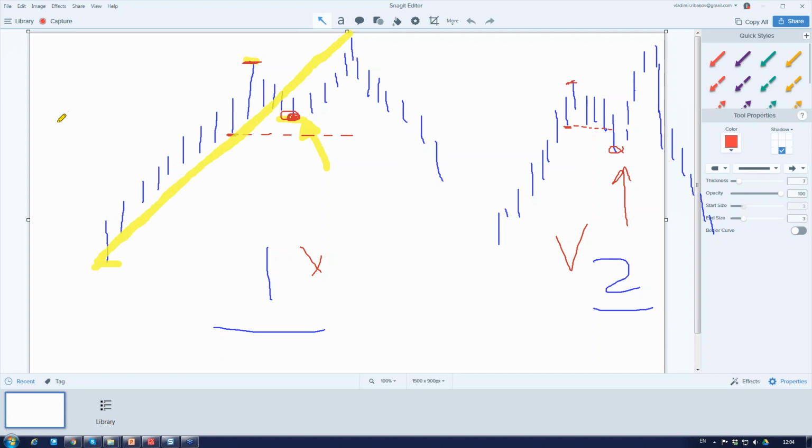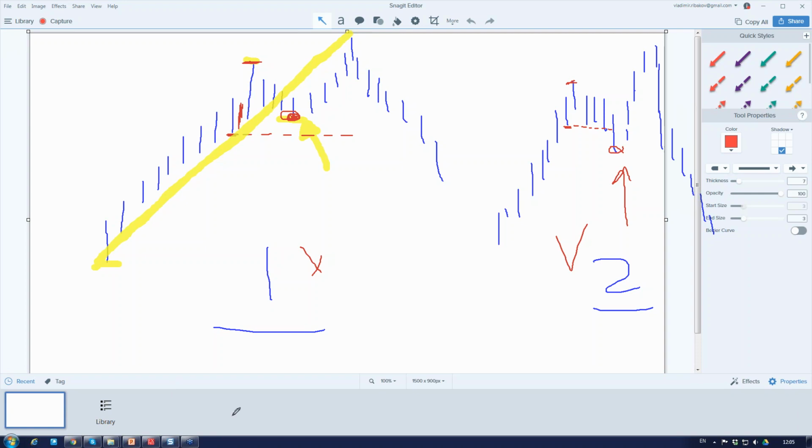One more important thing. Sometimes there will be moves like here, but with one inner candle, like this. What is an inner candle? A full candle from high to low that is inside the candle before.